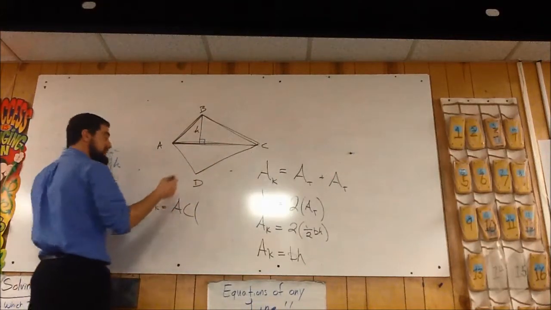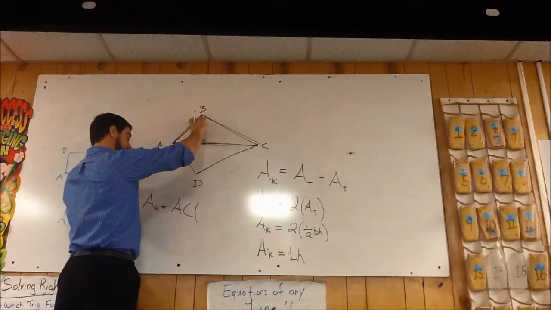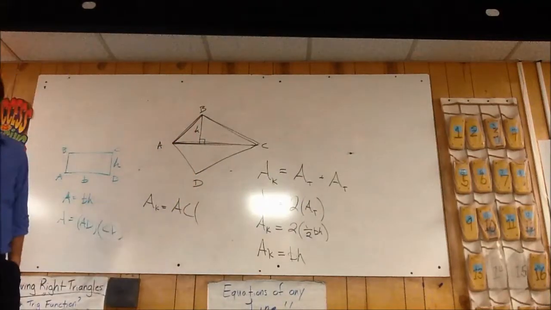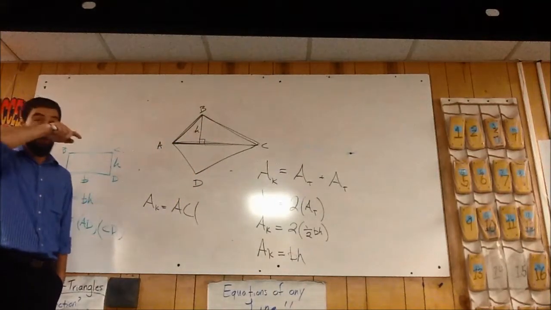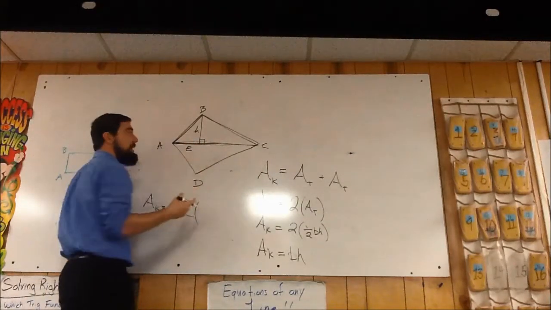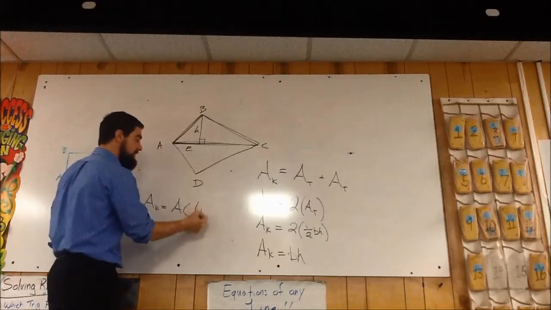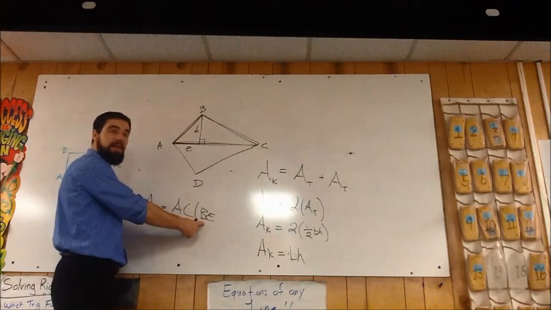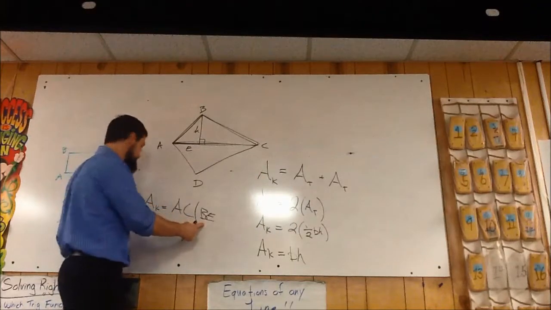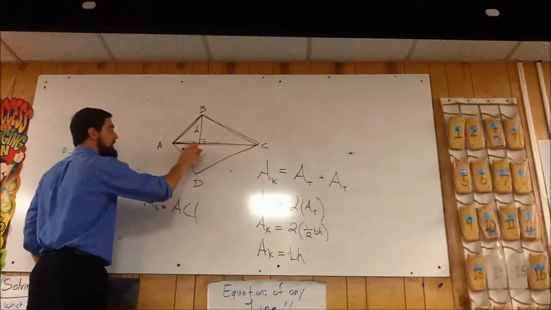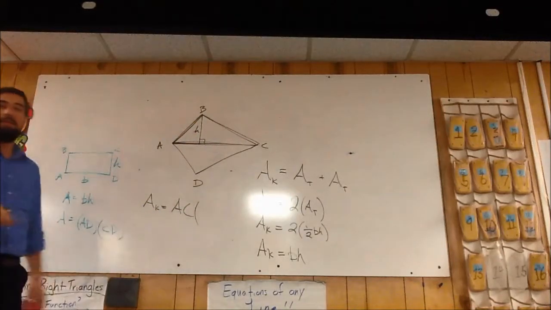How could I represent this distance, because we have to put it in terms of the diagonals? I can't say, hey, this is intersection point E, and say the length of BE. That's not in terms of the diagonals. You made up a new segment. So rather than calling that segment BE, what could I say that is?